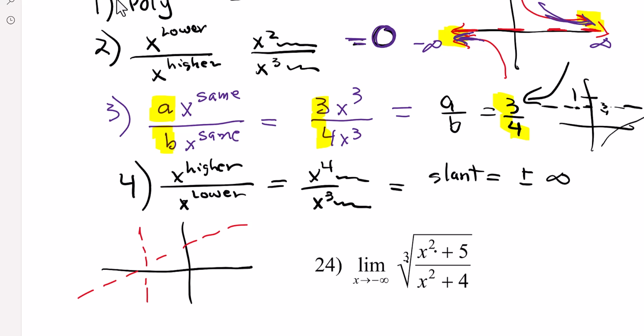And the graph, so what you're going to be doing is looking at negative infinity and positive infinity. If you're headed towards positive infinity, look, the graph is going up. If you're looking at negative infinity, look, the graph is going down. All right, those are the rules of limits at infinity.